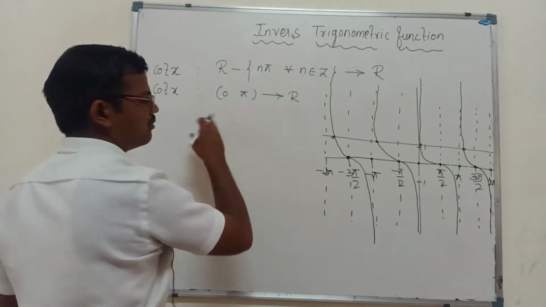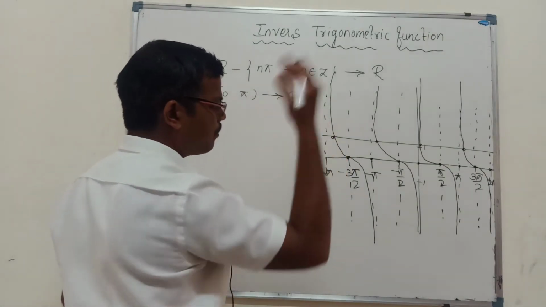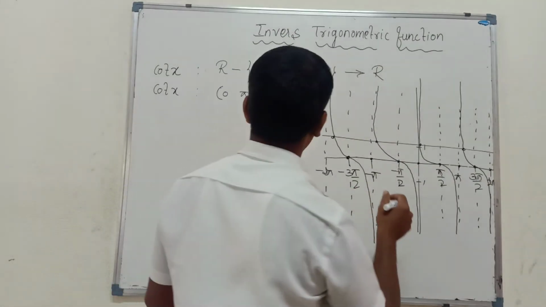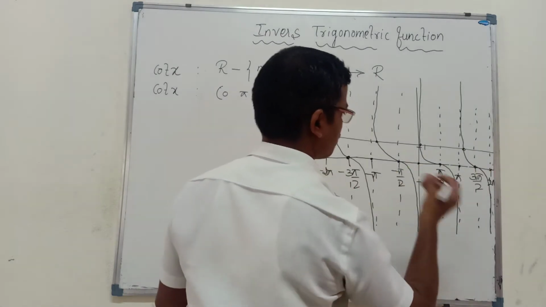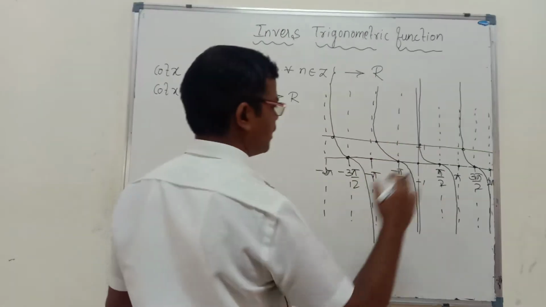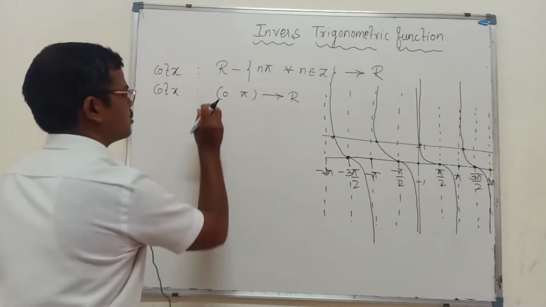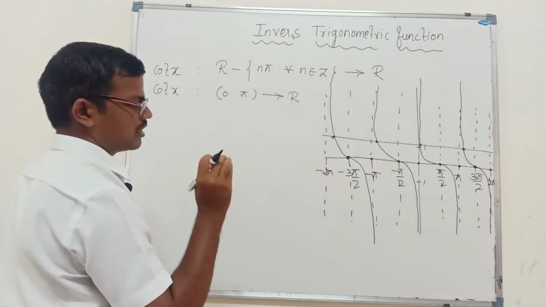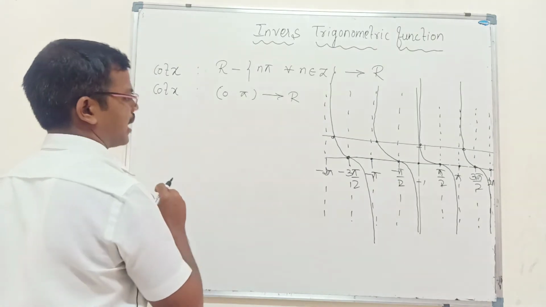We get a number of intervals, not only 0 to pi, but pi to 2 pi, 2 pi to 3 pi, and so on. Among these we select 0 to pi, which we call the principal branch.